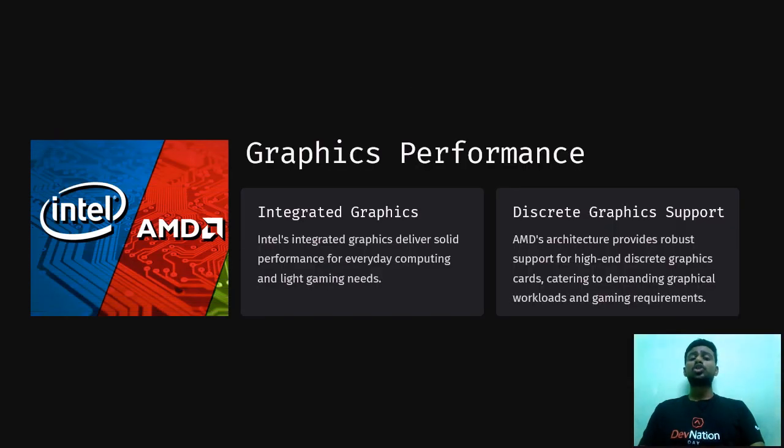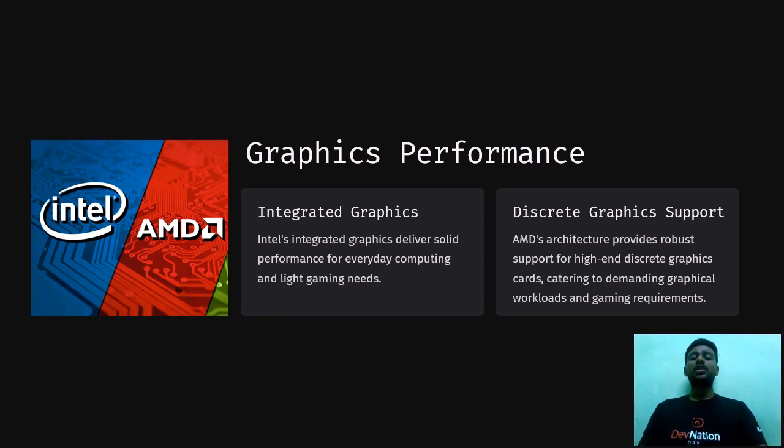Now let us learn about the graphics performance of both processors. Intel has integrated graphics that deliver solid performance for everyday computing and light gaming needs, whereas AMD processors have discrete graphics support, which provides robust support for high-end discrete graphics cards catering to demanding graphical workloads and gaming requirements.